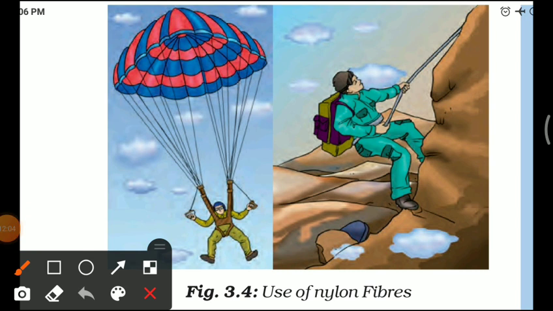Nylon is also used for making parachutes and ropes for rock climbing. Nylon thread is actually stronger than a steel wire.